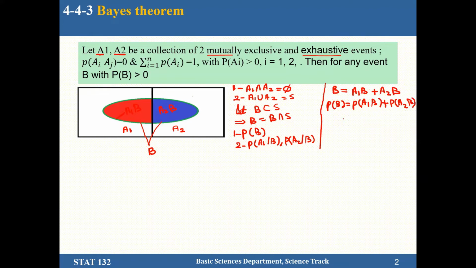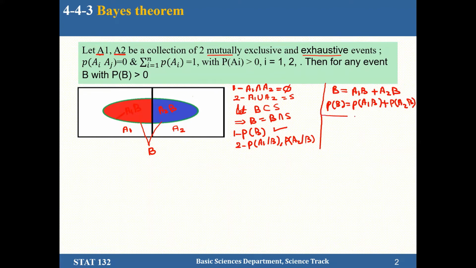So now we found P of B. One done, for now. Later we'll explain more about how to find P of A1B and P of A2B.